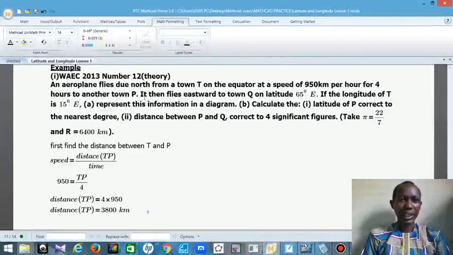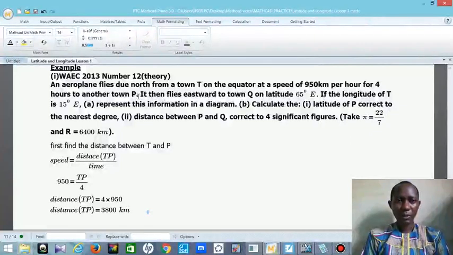Let's move on. It then flies eastward to town Q on latitude 65 degrees east. From point P, the plane now flew in an eastward direction to another town Q. Let me check something here.